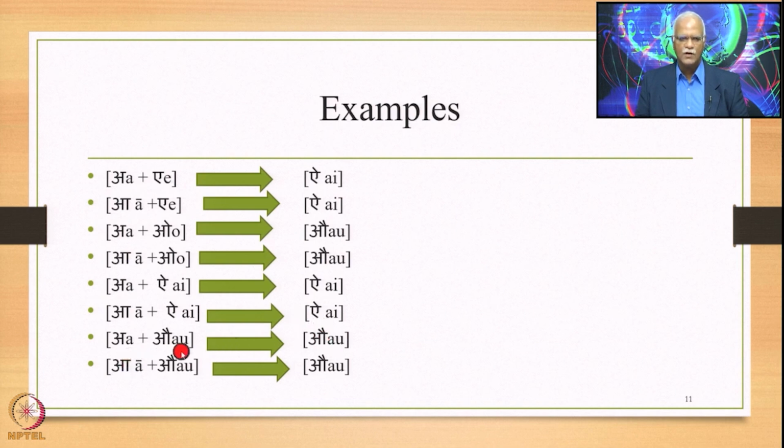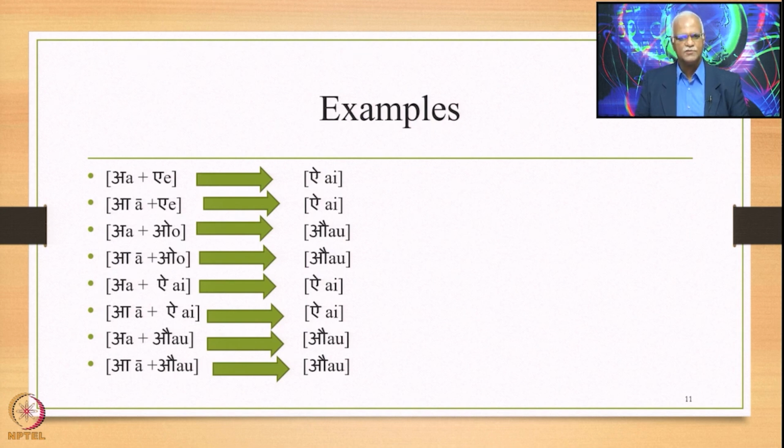Then you have A plus AU in the Samhita mode, 6188 applies and the output generated is AU. Then you have AA plus AU as input, they are in the Samhita mode, so 6188 applies and the output generated is AU. These inputs could be at various levels, within one pada, within a compound or at the end of two different padas in the sentence.